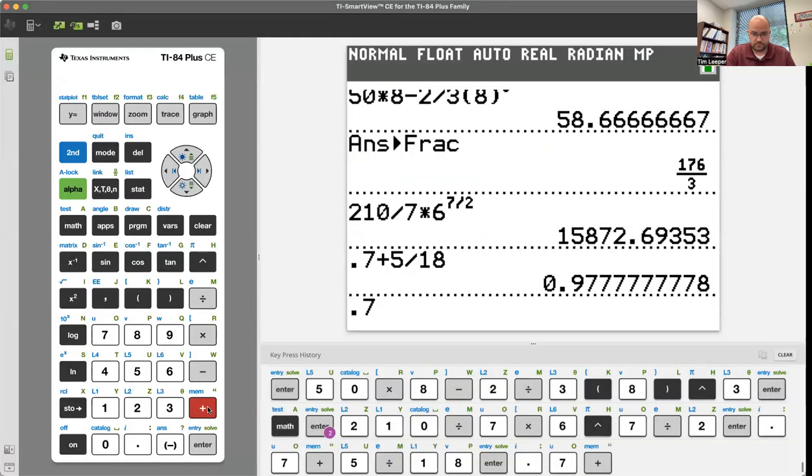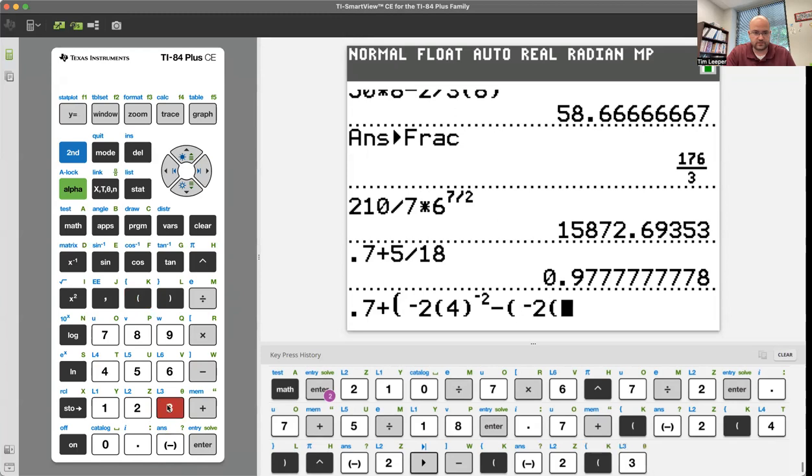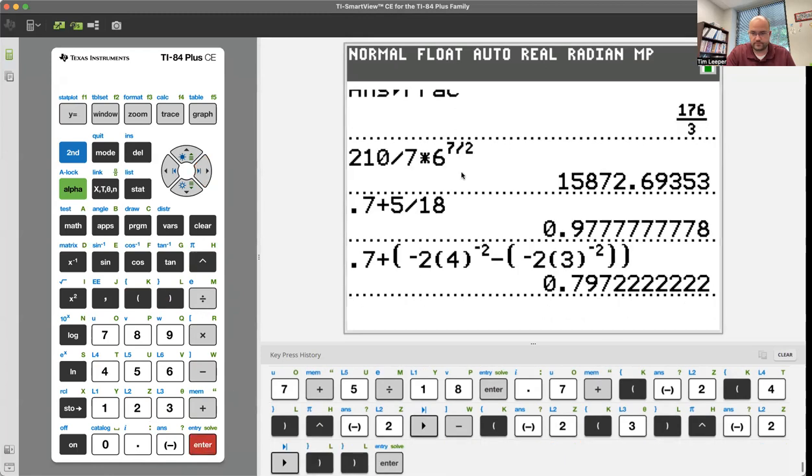So we have 0.7 plus, in parentheses, negative 2 times 4 to the negative 2 minus negative 2 times 3 to the negative 2 power. There we go. So 0.7972, or about 0.797. And again, this is in feet.